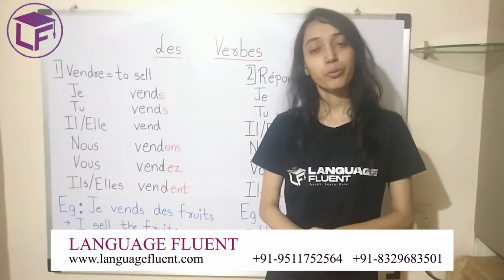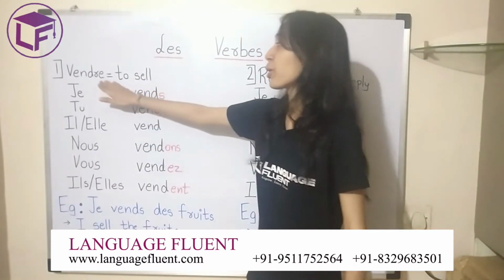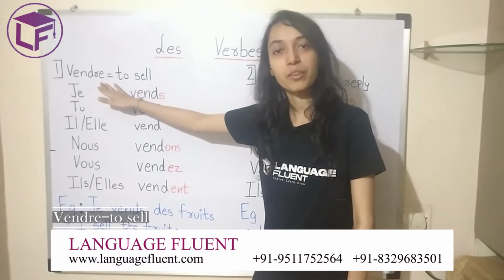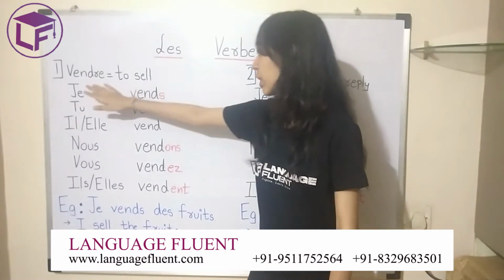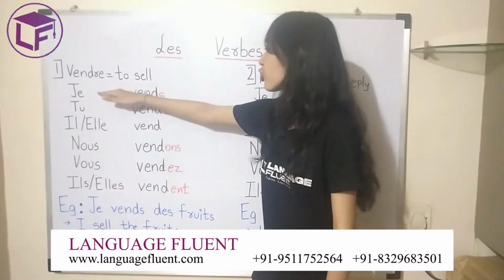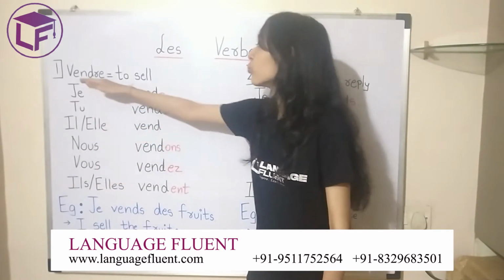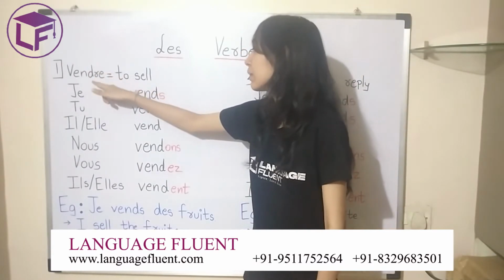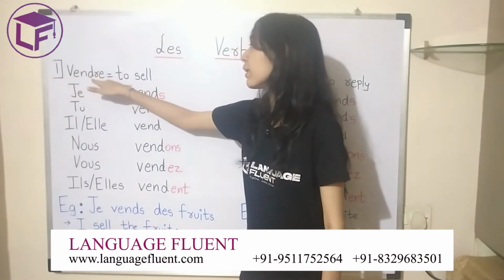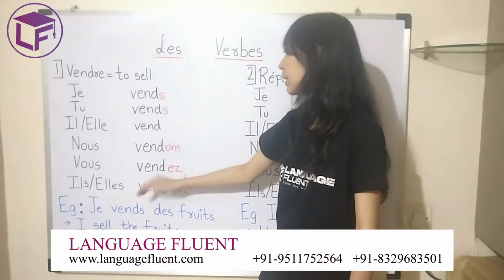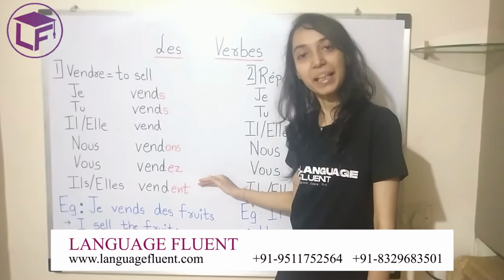So as we know the rules to conjugate regular RE group of verbs, let's try to apply that rule. First verb is vendre, vendre, which is to sell, to sell. Again we write subject pronouns as they are. Je, tu, il, elle, nous, vous, ils, elles. From vendre we cut RE and the word we get is VEND. So we write VEND to each and every subject pronoun and at the end we add endings to it.